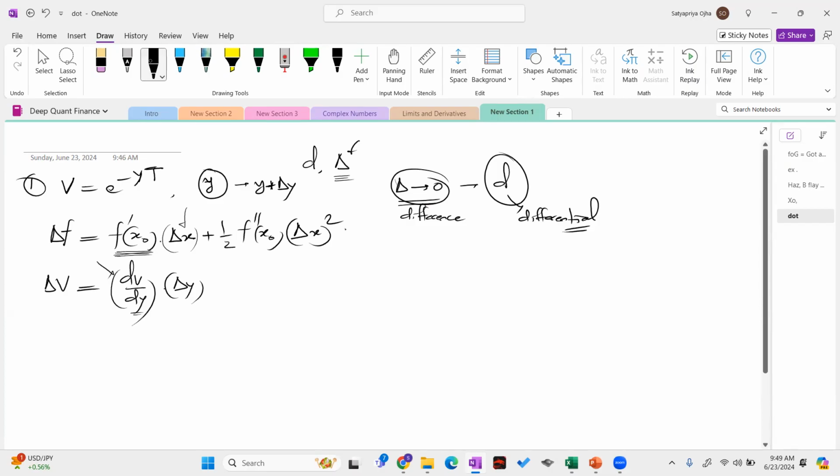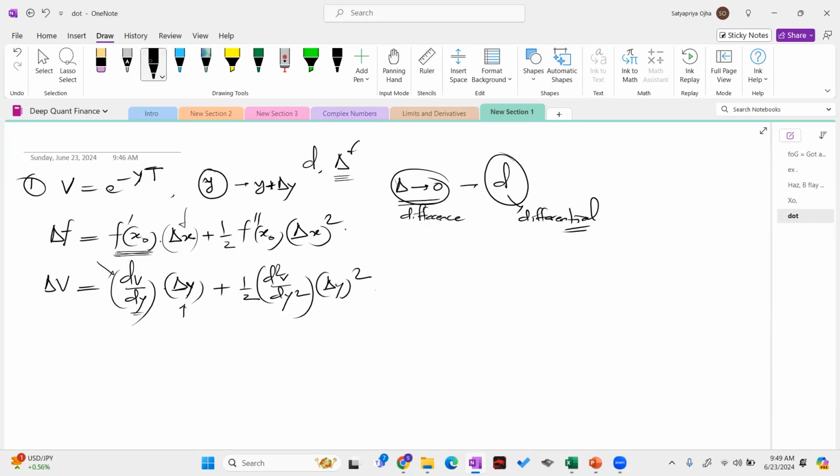Here the yield is changing by delta y. This is a generic change; it's small, though it doesn't have to be infinitesimal. Plus half double derivative, d square v by dy square, delta y square. This is my quadratic approximation of change in bond price because of change in yield.